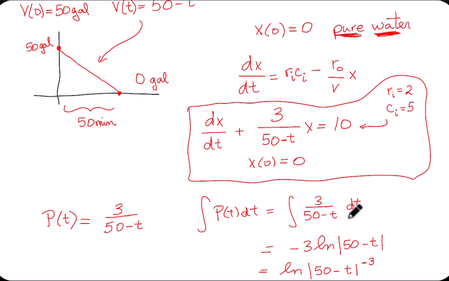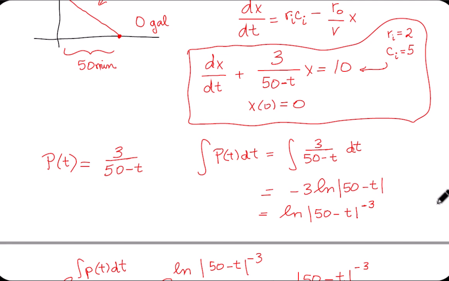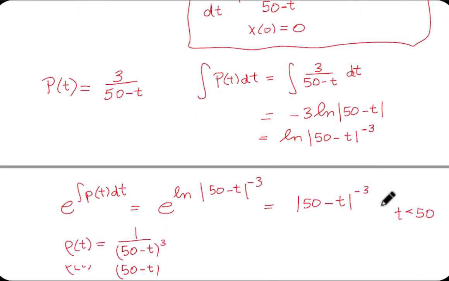That's going to be integration by substitution. So you let u be the bottom, and you're going to get a minus out, so minus ln absolute value. But we know I need to take e to this thing, so I'm going to push the minus 3 back up.